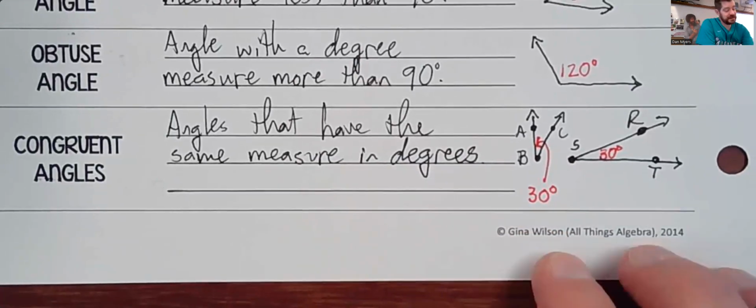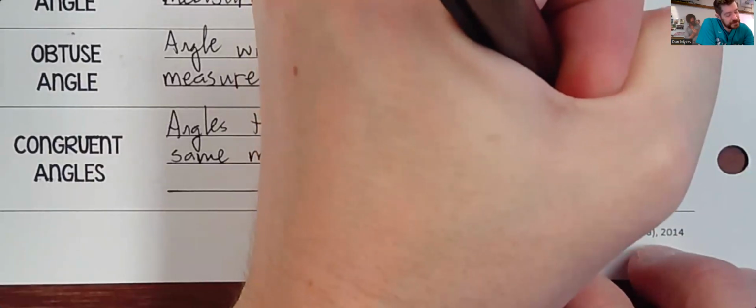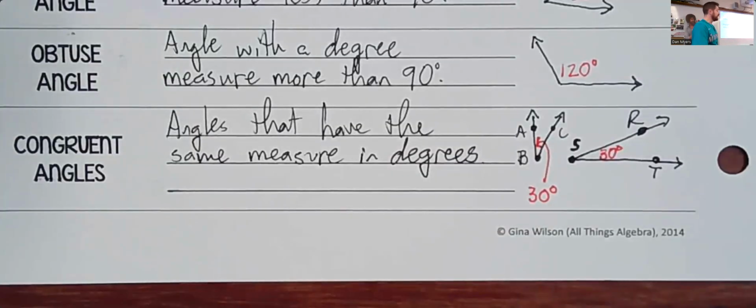So we've got angle ABC, 30 degrees. We have angle RST, 30 degrees. Now, you'll notice that the length of the rays here that are actually drawn look shorter on ABC than RST. That has nothing to do with the measure or the degrees. The degrees is how big the opening is in between the two of them. And so if the opening is the same size in between the two, it doesn't matter how long we draw those rays, as long as the degrees are the same, the angles are congruent.